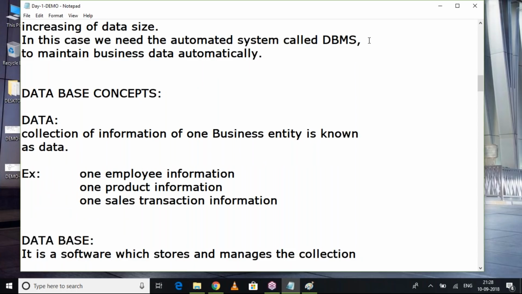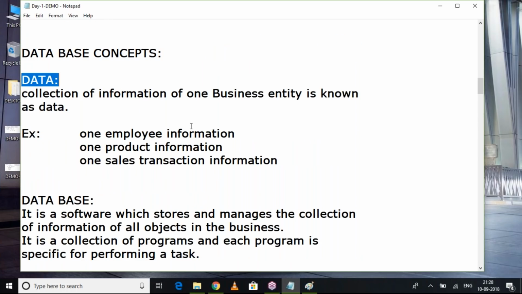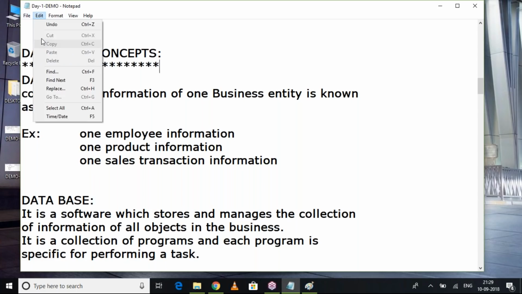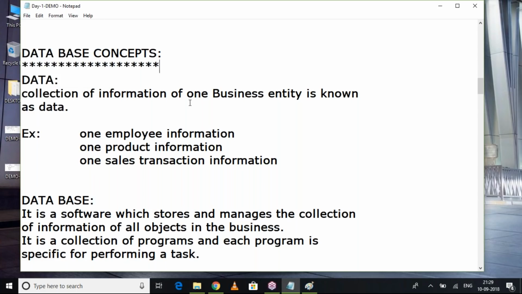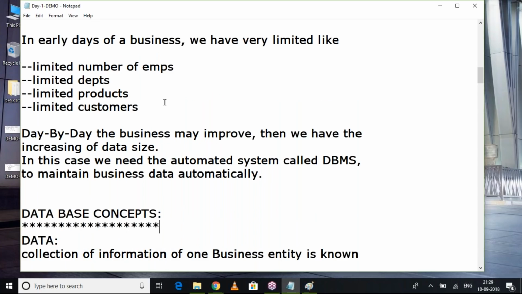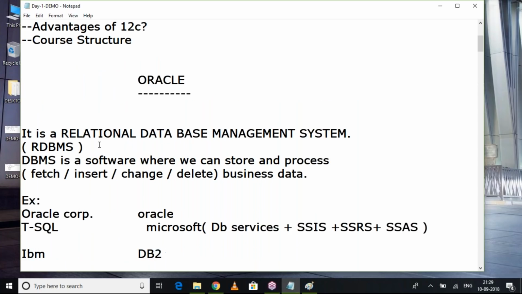Before that, I am explaining about what is data, database concepts. So it's very, very simple. Just we are talking about RDBMS. What is RDBMS? Relational Database Management System. See, we are talking about each and every character here. What is data?